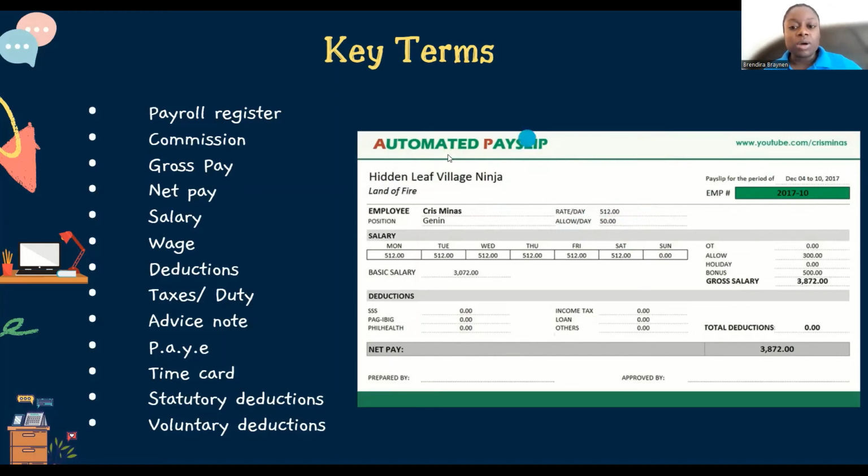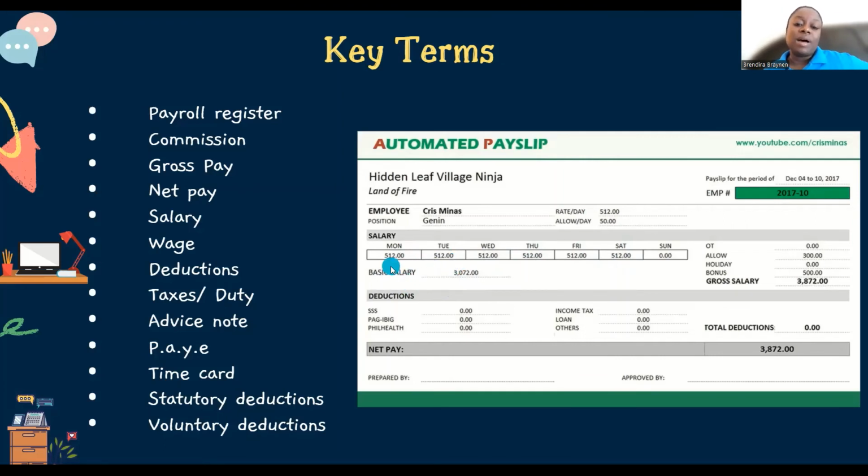Based on this pay slip, it says that Monday, Tuesday, Wednesday, Thursday, Friday, and Saturday, this person earned $512 for this week. When we add that together, his basic salary or his basic pay is $3,272. It says salary, so we're not concerned with how many hours he worked.